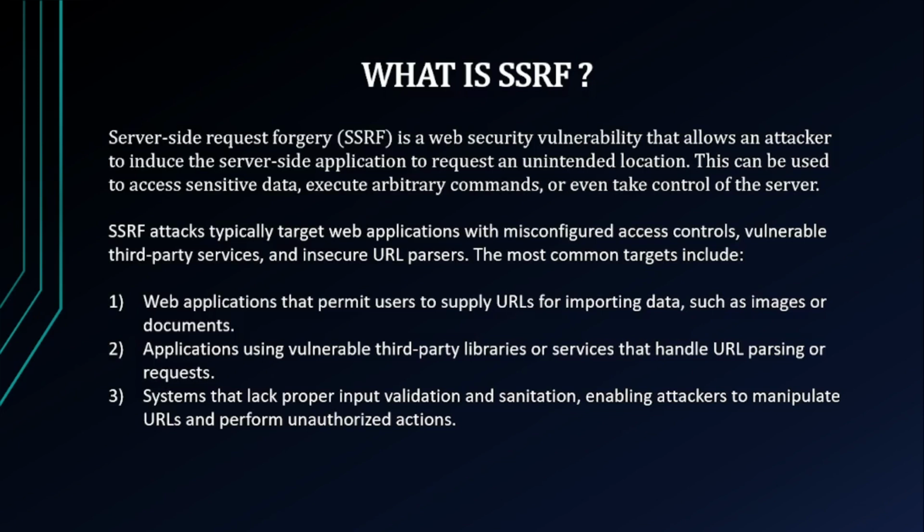An attacker can exploit server-side request forgery vulnerabilities to bypass access controls, carry out malicious actions, and ultimately compromise the target system. To defend against SSRF attacks, it is crucial to understand the underlying vulnerabilities and implement robust security measures.